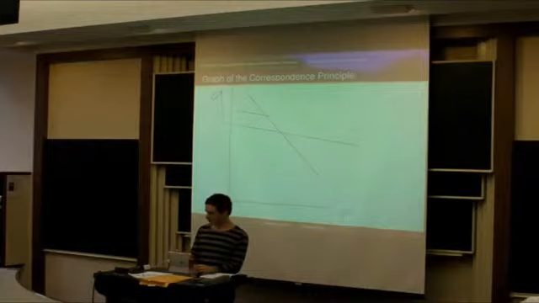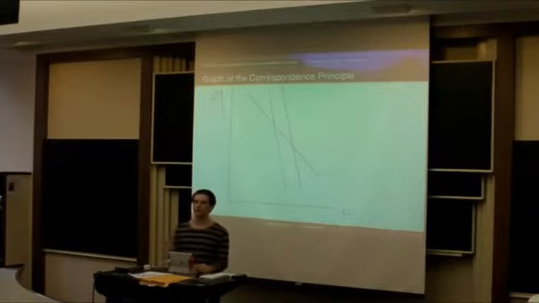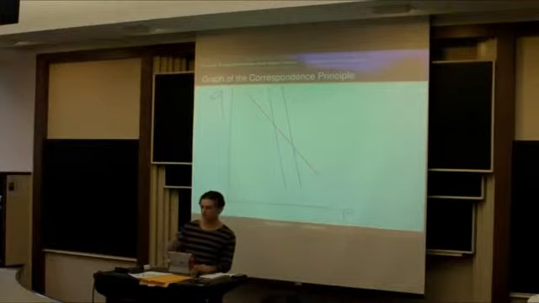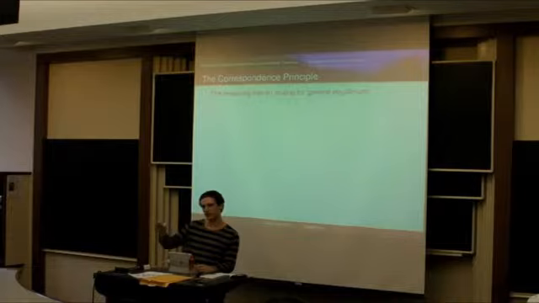But if I had supply sloping down more quickly, then when I increase supply, price is going to rise. So the key thing that determines the comparative statics is not that both supply and demand are in the direction you think they should be, but that they cross each other in the correct direction.